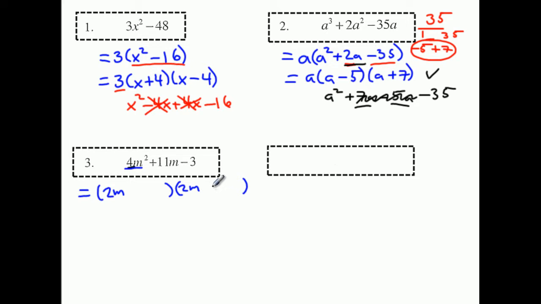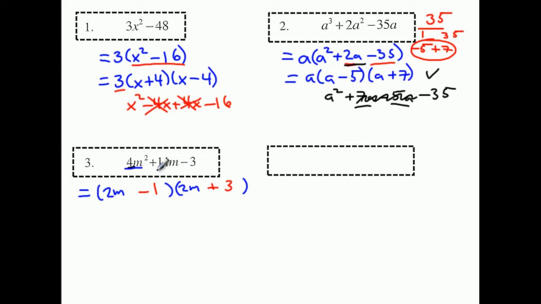So you can choose possibly positive 3 here and a negative 1, for example. But if we try this, 2m times 3 gives positive 6. Negative 1 times 2m gives negative 2. So that would add to give negative 4.